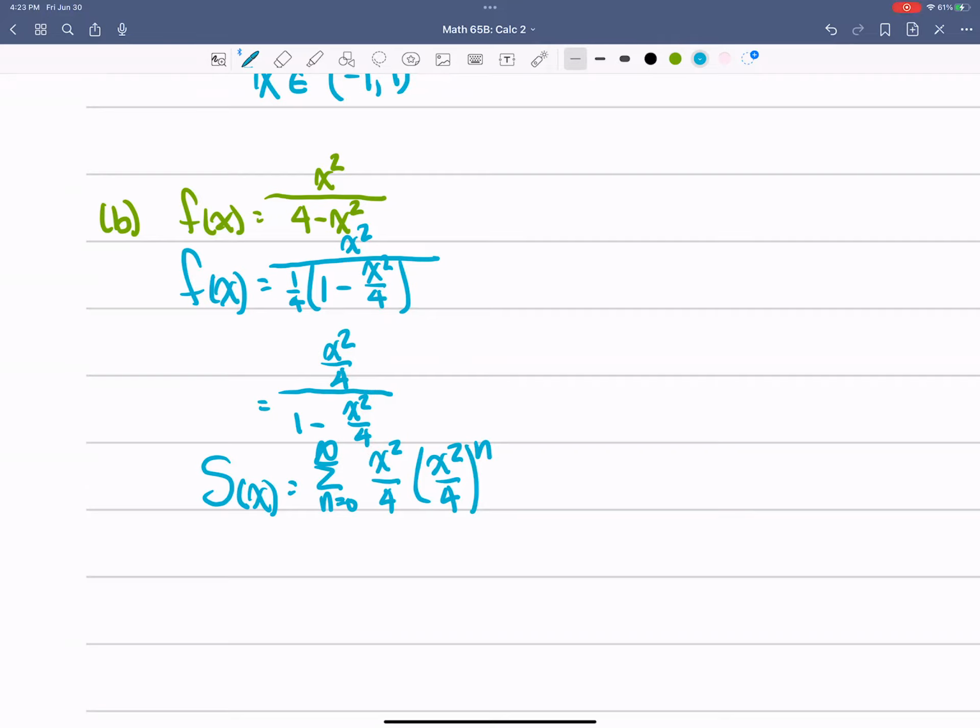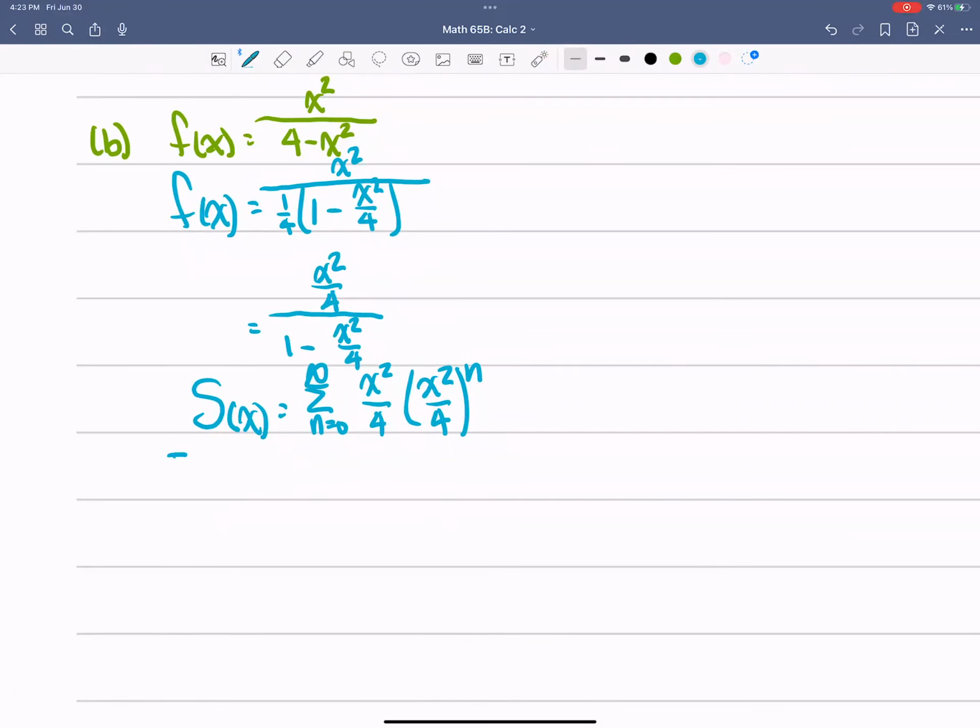Now we have to look for the interval of convergence. The interval of convergence is this value being between 0 and 1, or we could think of the absolute value of x squared over 4 being less than 1, because all of those numbers are going to be positive and greater than 0. So we have from negative 1 less than x squared over 4 less than 1.